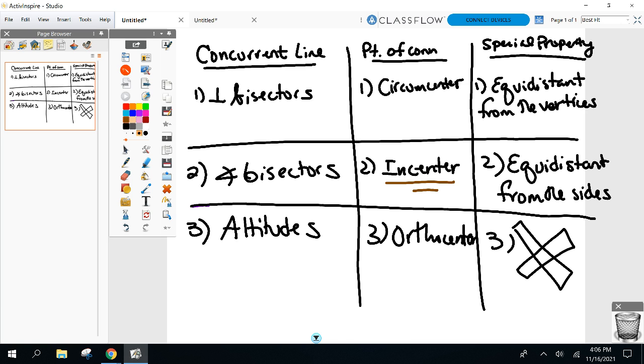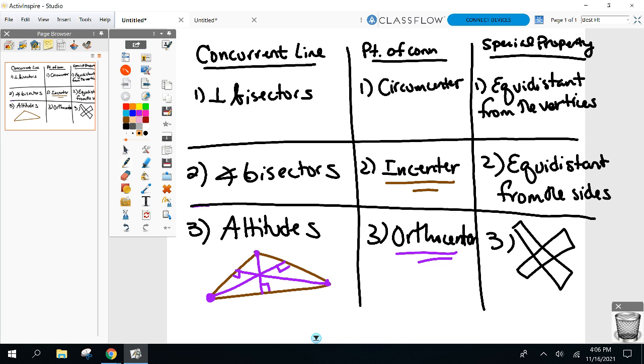And then we introduced what's called an altitude of a triangle. What's an altitude? It starts at a vertex and will be perpendicular to the opposite side. There are only 3 altitudes in a triangle, and all 3 intersect at the same point, which is called the orthocenter.